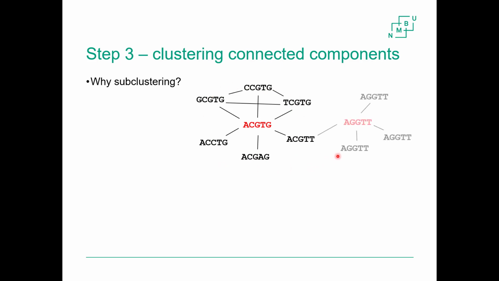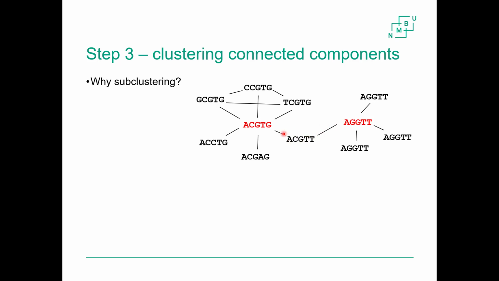But of course, there could also be another mother sequence that looks like this, another k-mer with 50 copies, occurring very often. And then we can see that this particular child here could be generated by one sequencing error from this one, but also with one sequencing error from this one.